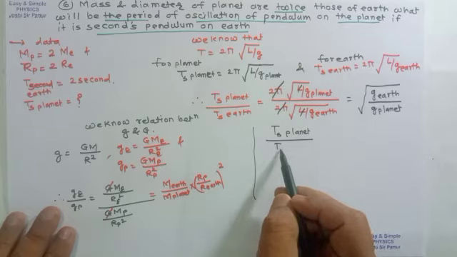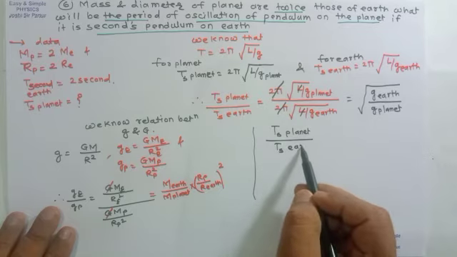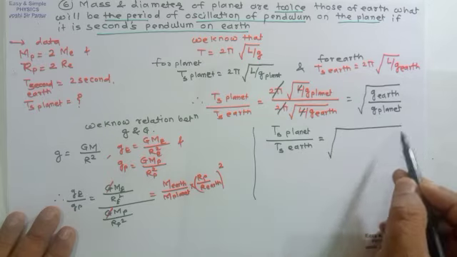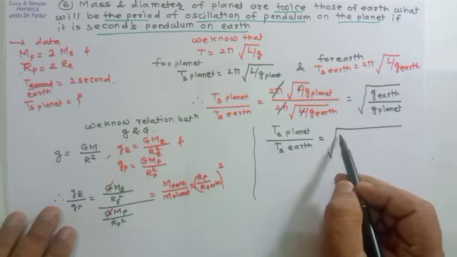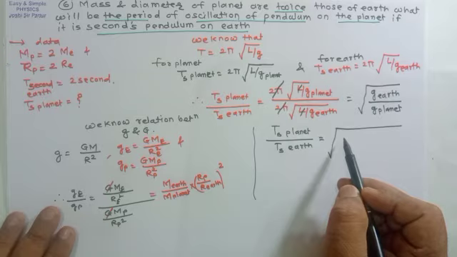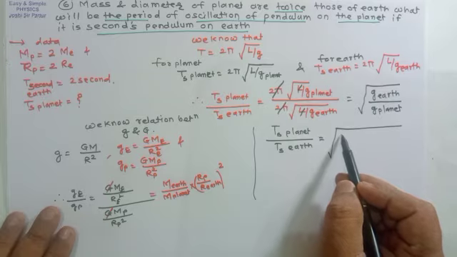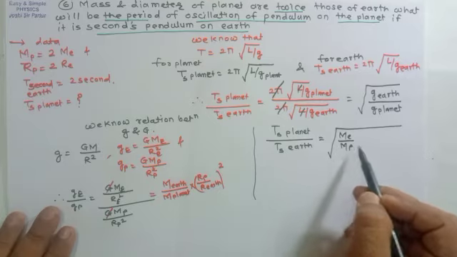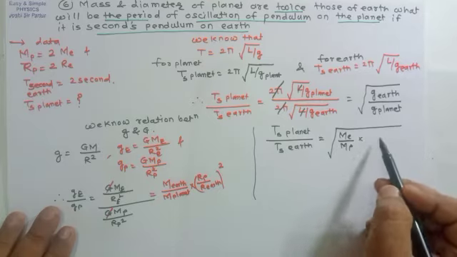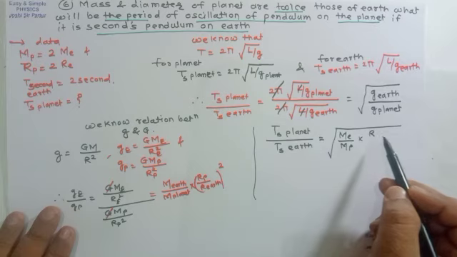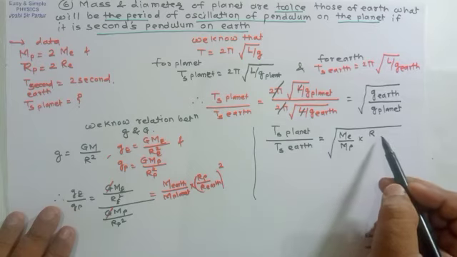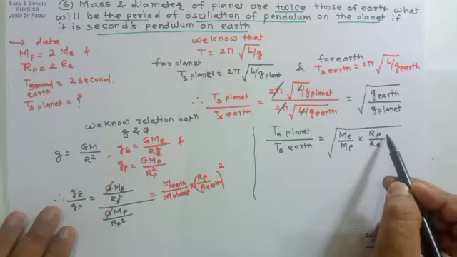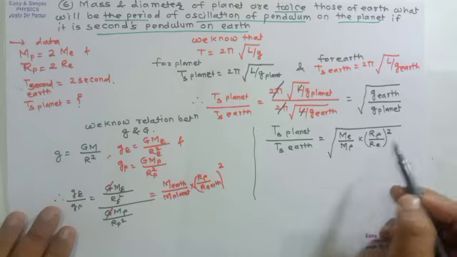If we substitute the values, we can find out time period for second pendulum on planet upon time period of second pendulum on Earth is equal to square root of mass of Earth upon mass of planet multiplied by radius of planet upon radius of Earth, bracket square.